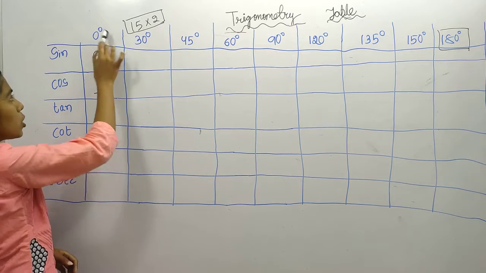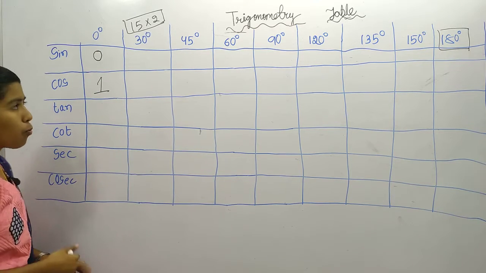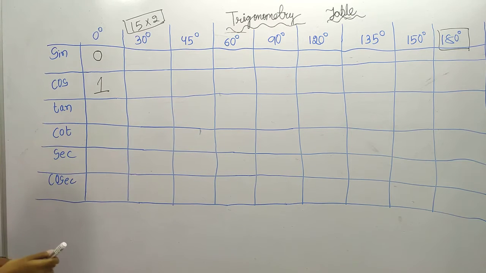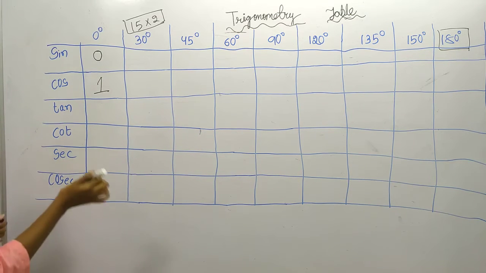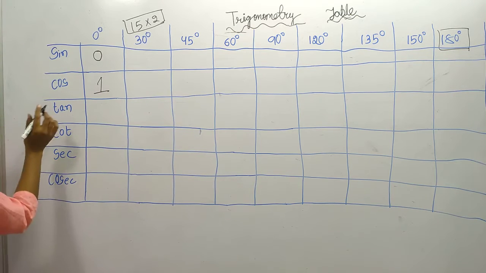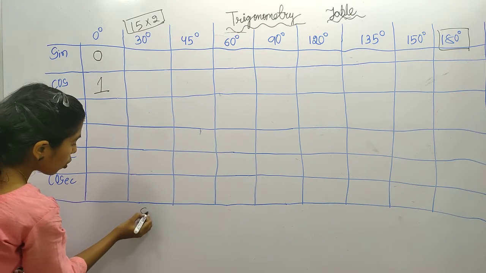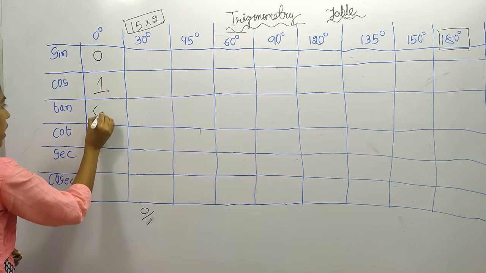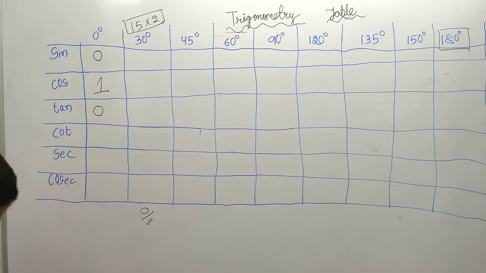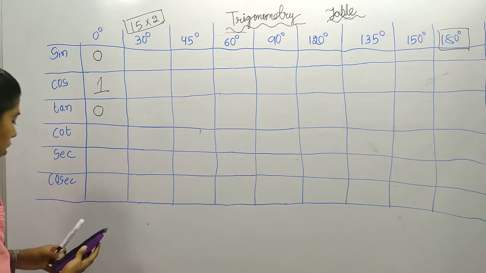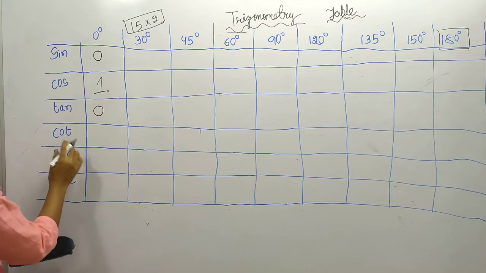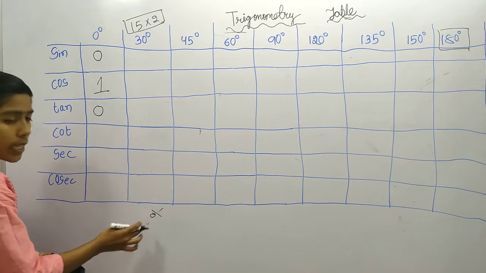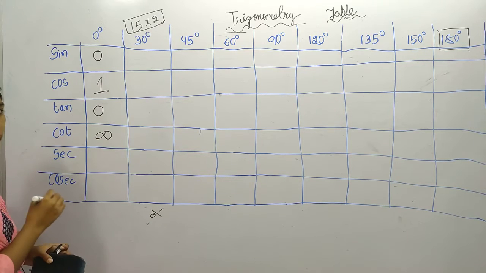See, sine 0 is 0 and cos 0 is 1. Next, what about tan? The tan formula is sine by cos, right? So tan is sine by cos, it means 0 by 1, so it will be 0, right? Next, cot equals 1 by tan. 1 by tan means 1 by 0. Anything divided by 0 is infinity, right?